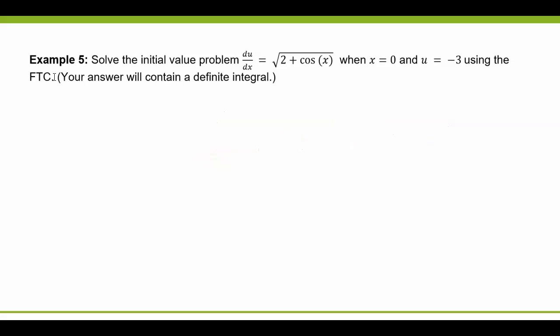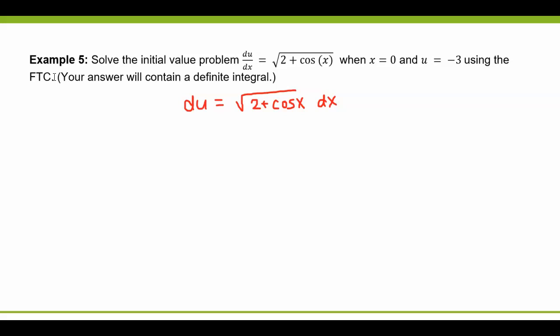So in the case of this problem, we're going to separate my u's and my x's. And you have two choices now. You could do u substitution, or you could get rid of your square root.